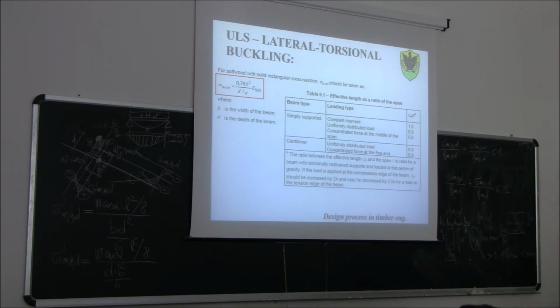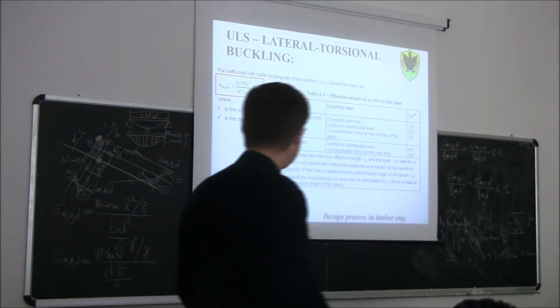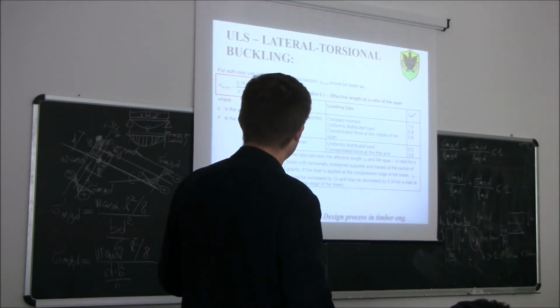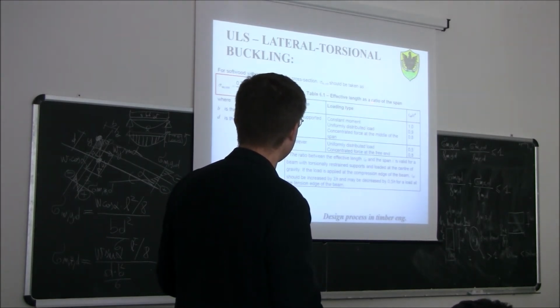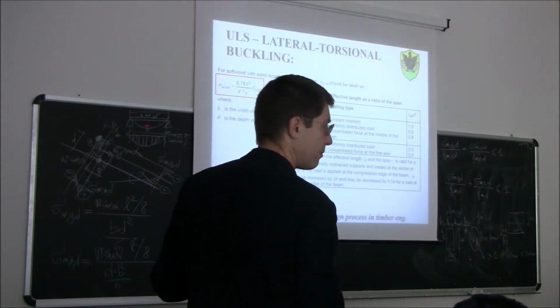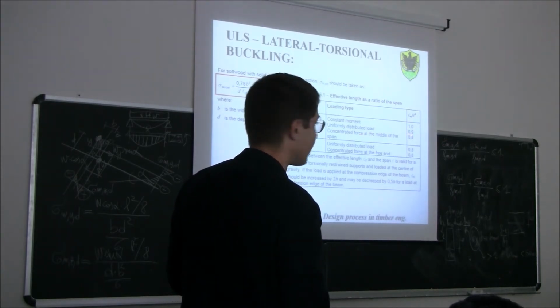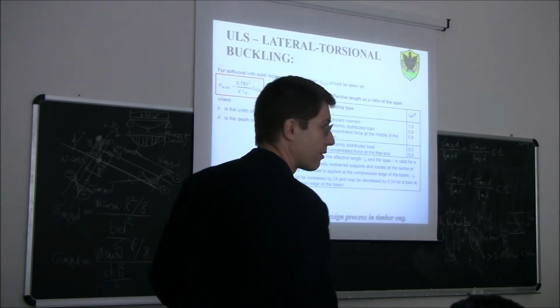Now we need to be a bit careful about how to choose the effective length. If you remember, yesterday we discussed the effective buckling length for columns. In this case, in this table you can find the effective length as a ratio of the span. So, if you have a simply supported beam subjected to a uniformly distributed load, l_ef is chosen as 90% of the actual length of the beam.